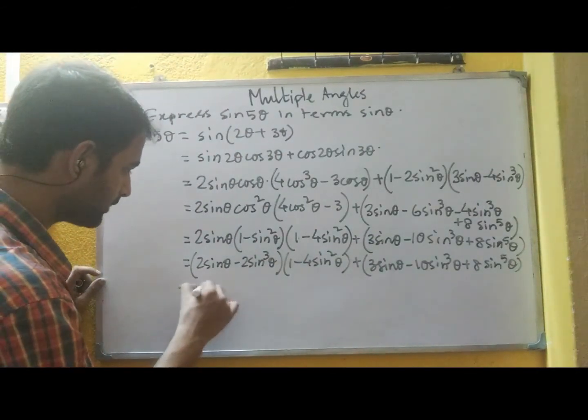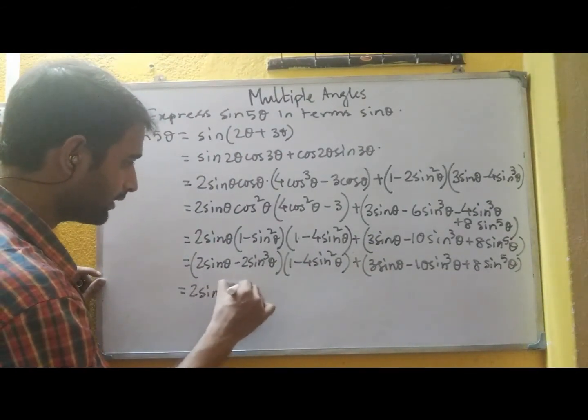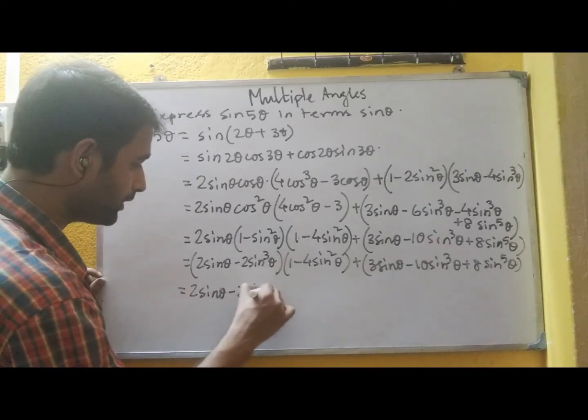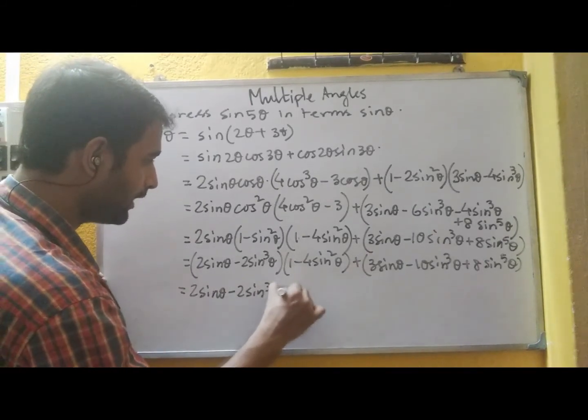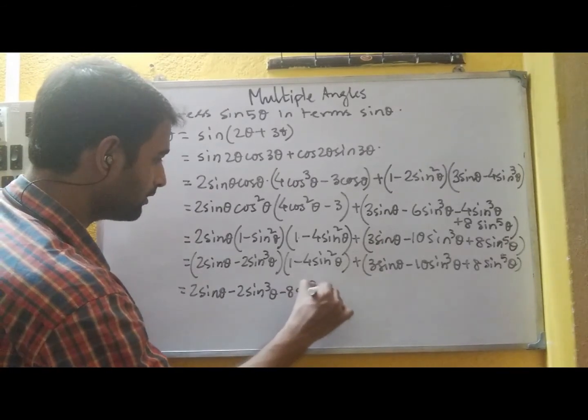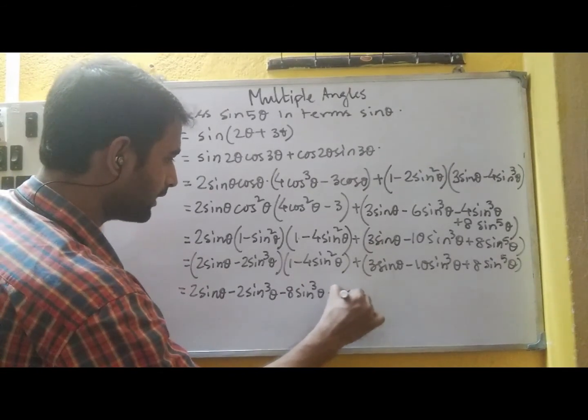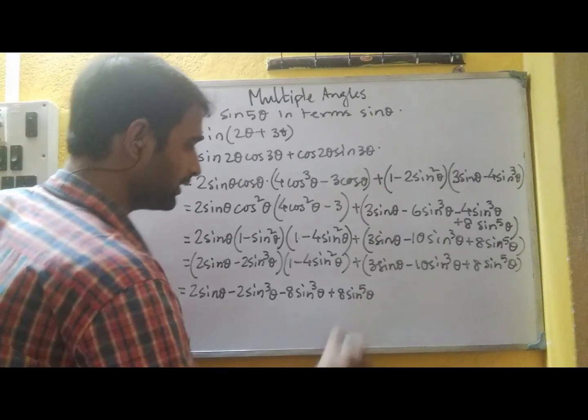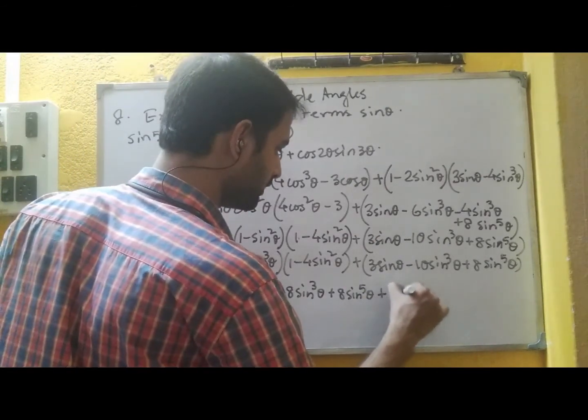Now see, after this multiplication we will get 2 sin theta minus 2 sin cube theta minus 8 sin cube theta plus 8 sin to the power 5 theta, and the rest of the terms are here.